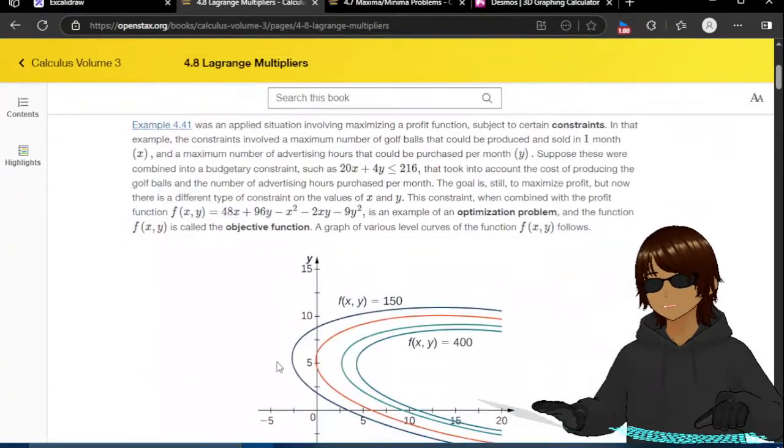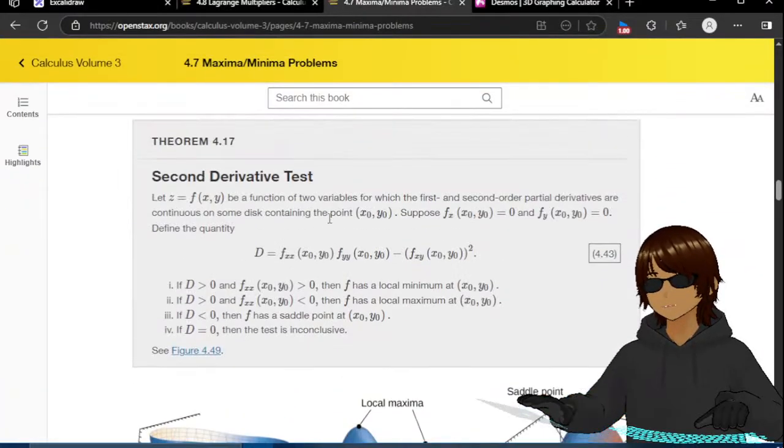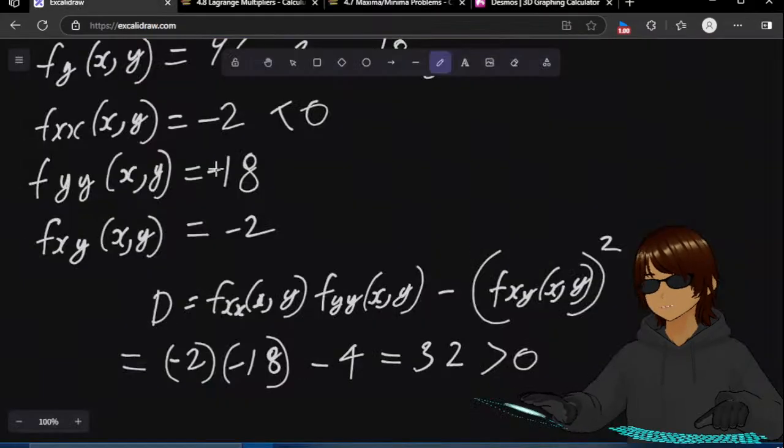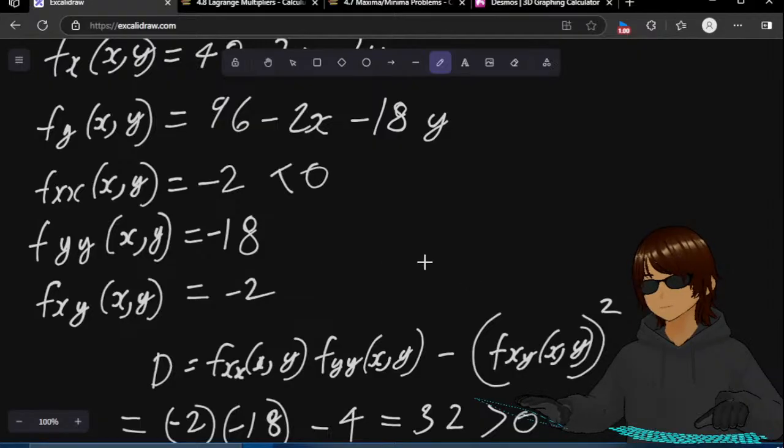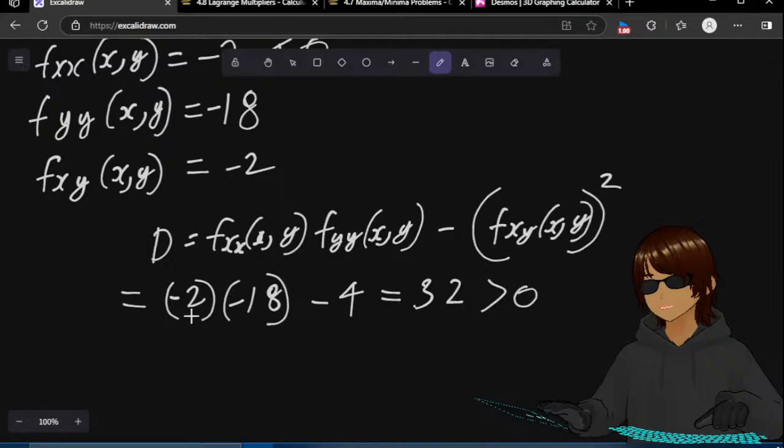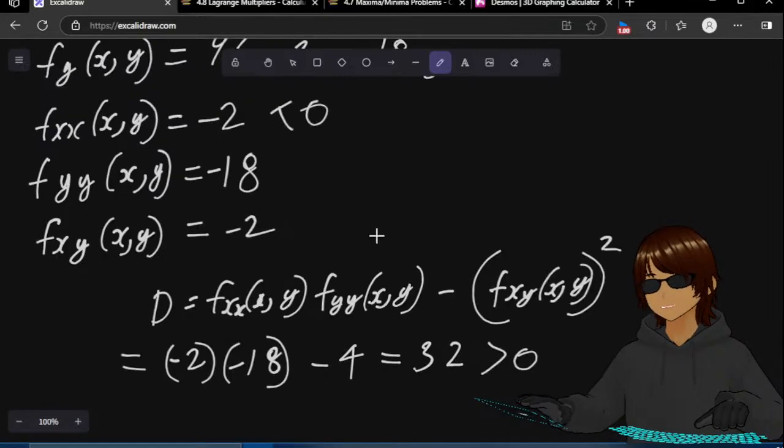Wait, hold on. We didn't do x0, y0. We need to find the critical point first. D is always going to be more than 0, right?